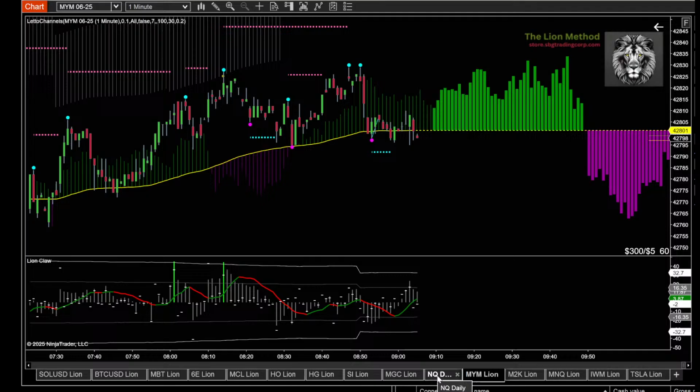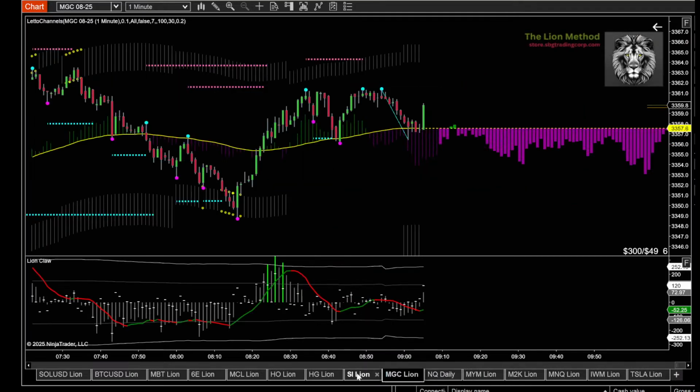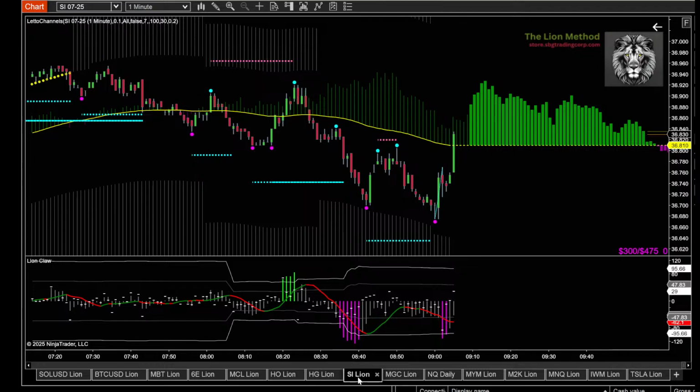Still not much in the equities. It's 9:04, so it's early for the equities. All right, silver has hit the 100, exceeded it. Our tendency histogram is positive during this time of the day, so that is interesting.